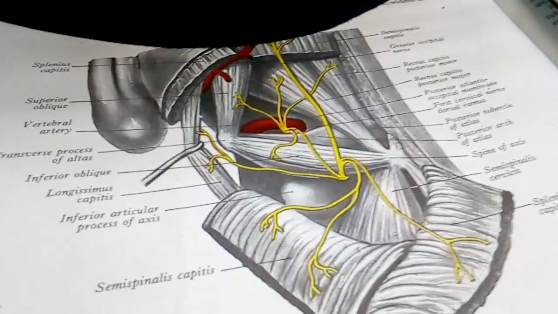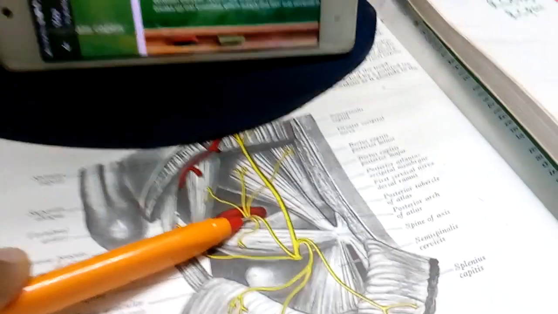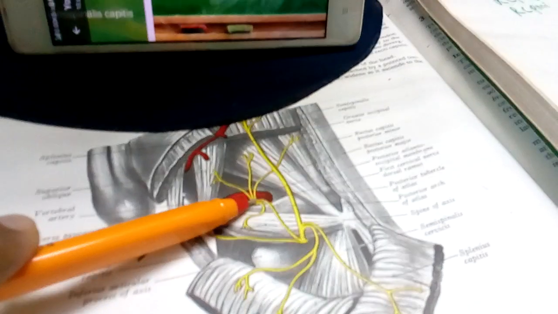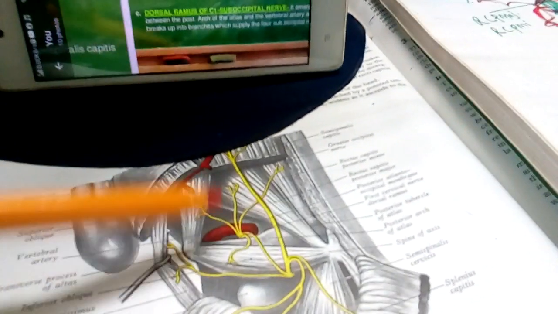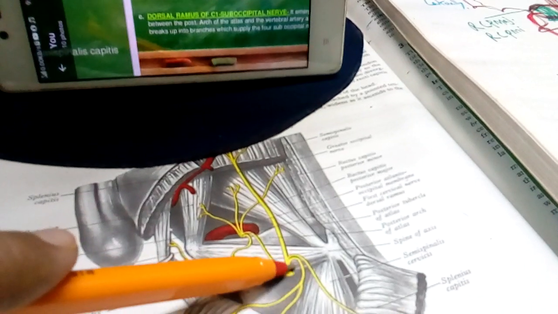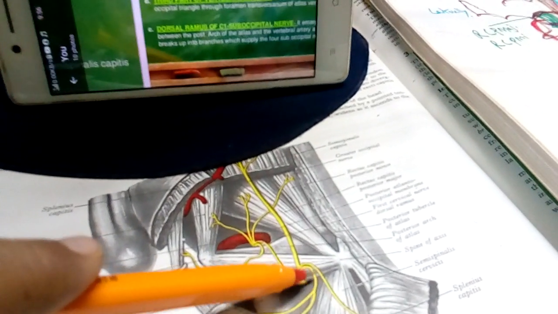Okay, and then you can see there is also a nerve which we call the dorsal ramus of the C1 nerve, and this nerve is also called the suboccipital nerve. It supplies the suboccipital group of muscles, and other than this, it also forms one communicating branch with one more nerve, that is the greater occipital nerve.